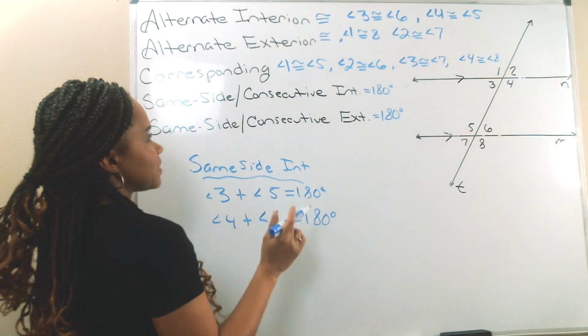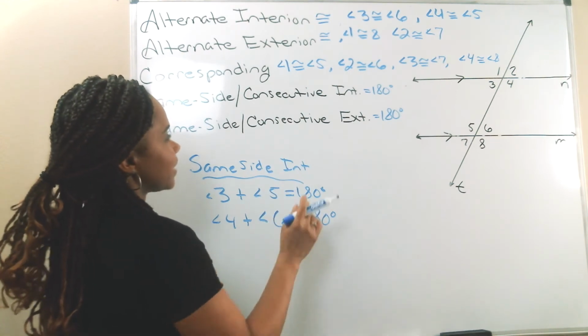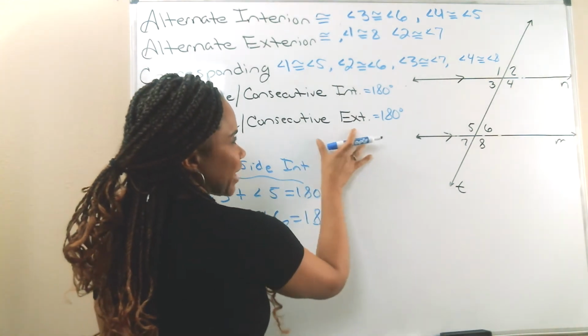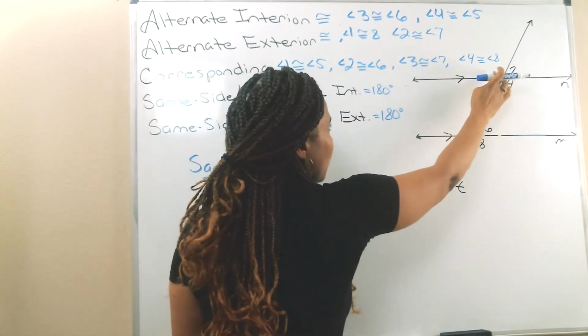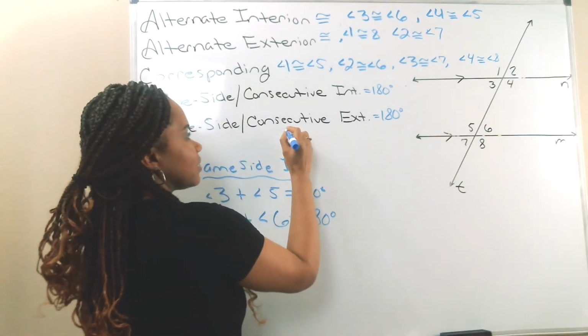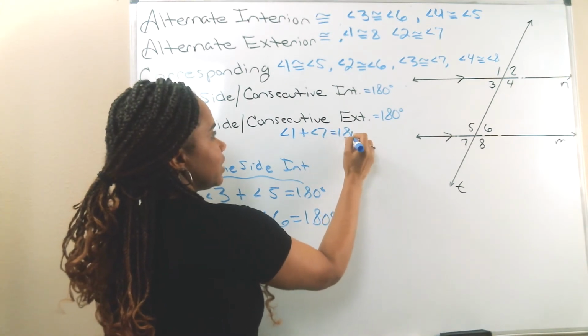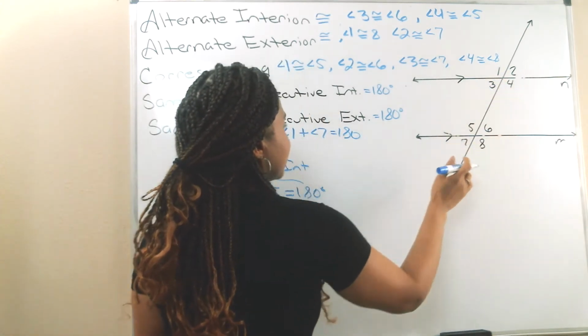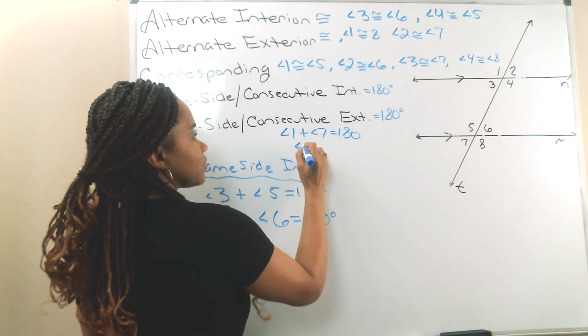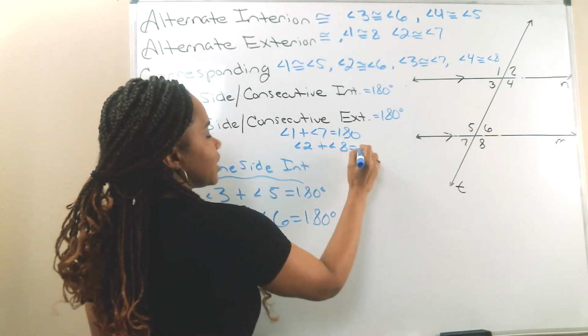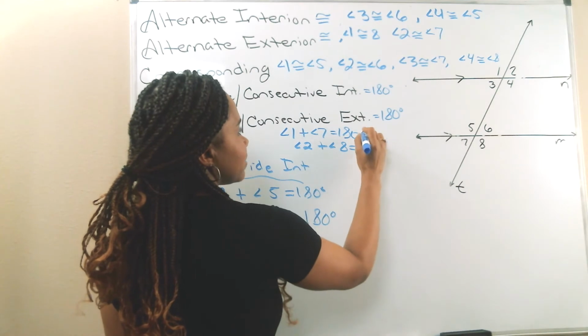And same side exterior angles, I'm going to try to fit it in here. So 1 and 7, angle 1 plus angle 7 equals 180, and 2 and 8. So angle 2 plus angle 8 is equal to 180 degrees.